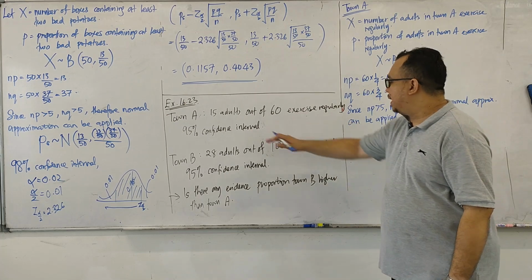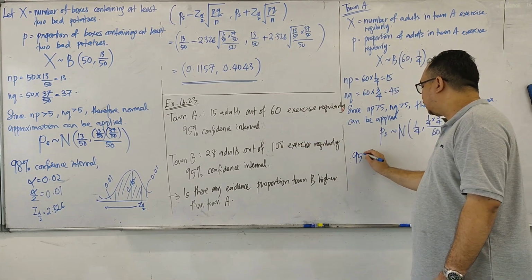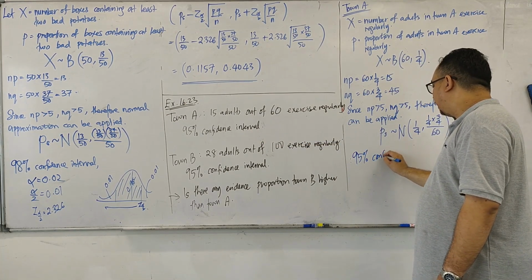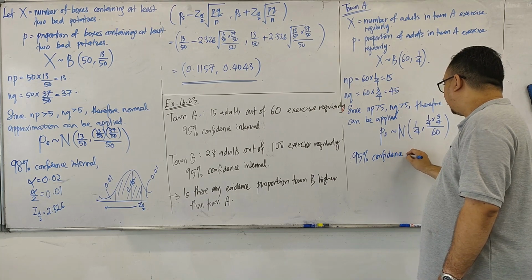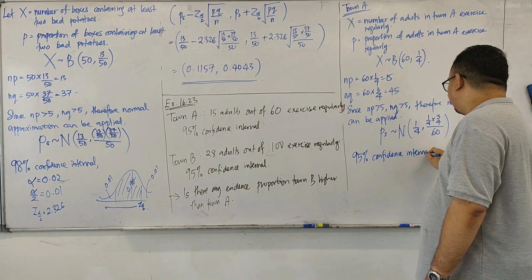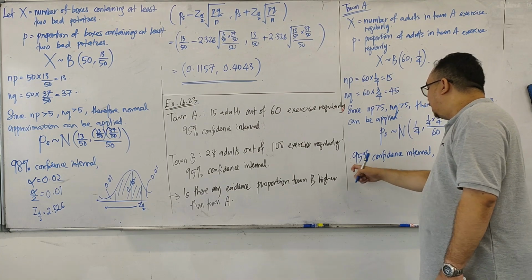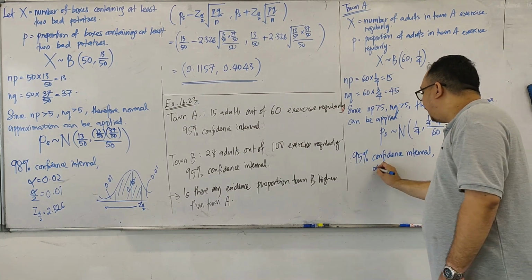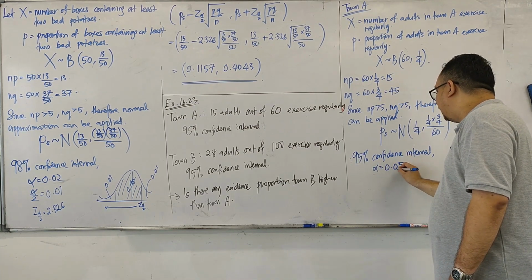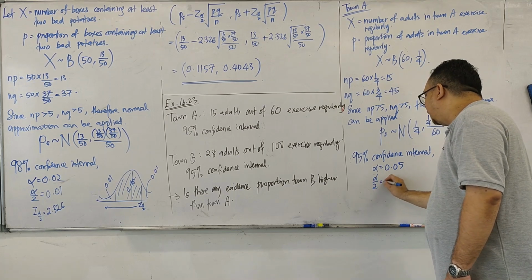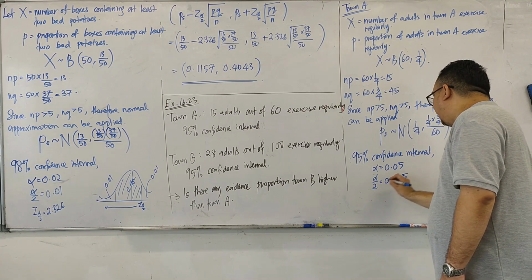Okay, so for 95%, alpha saya adalah 0.05. Alpha over 2 is 0.025.